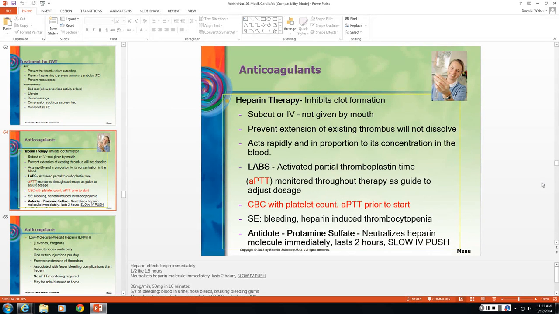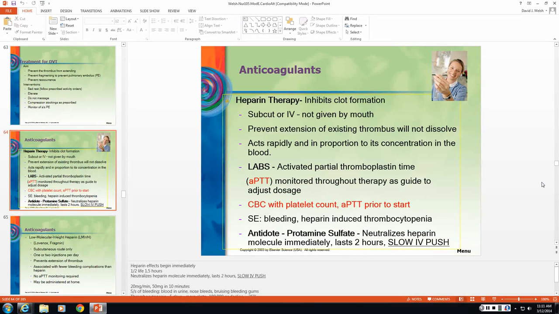So, labs, you want to get an APTT, which is an activated partial thromboplastin time.